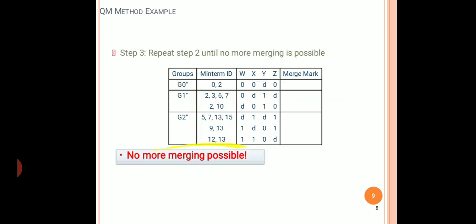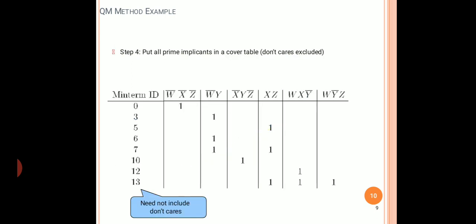W bar Y, observe here. The second row, 2, 3, 6, 7. By using these min terms, we have obtained W bar and Y. So 2, 3, 6, 7 will be written on the top of the W bar Y, and so on.